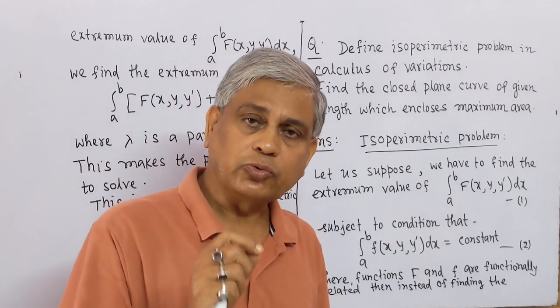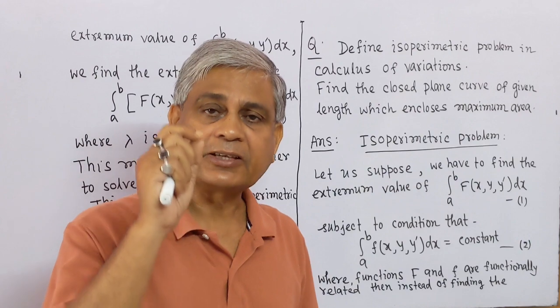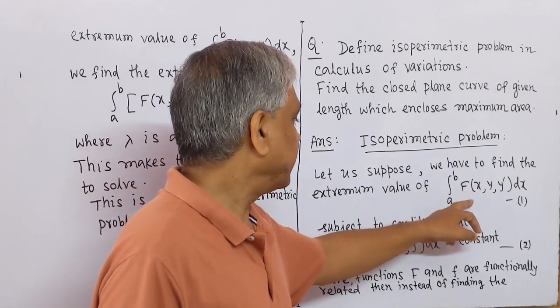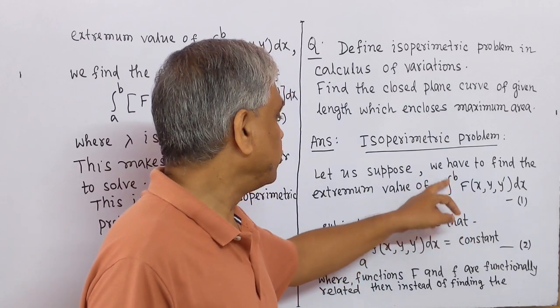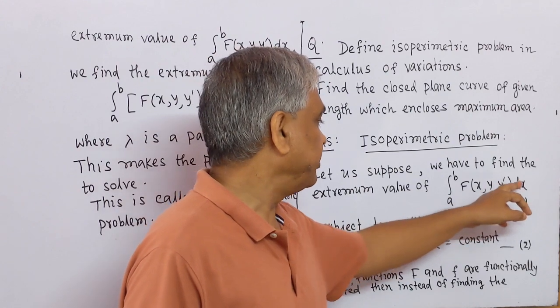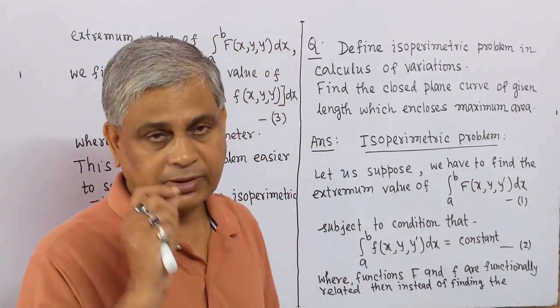Let us suppose we have to find the extremum value of this integral, integration limit a to b capital F of x, y, y prime dx. This is number 1.